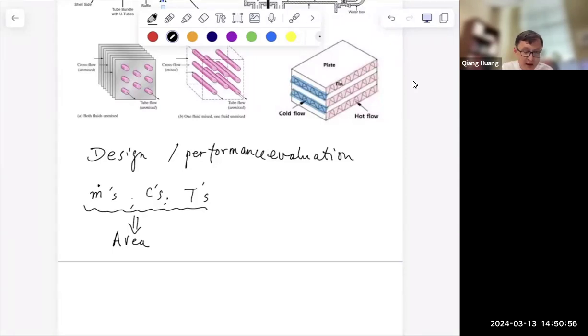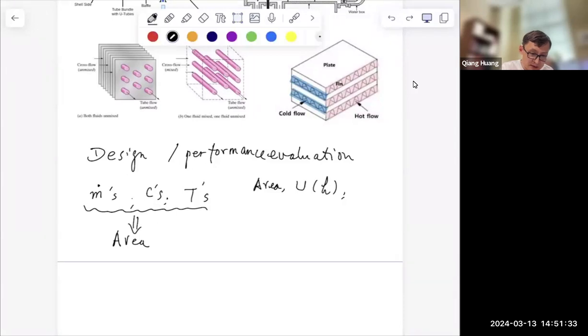For the performance evaluation, it's the opposite. We will use the area and also the overall heat transfer coefficient. Sometimes those are given as convection coefficients, and then you calculate the overall coefficient using these convection coefficients.